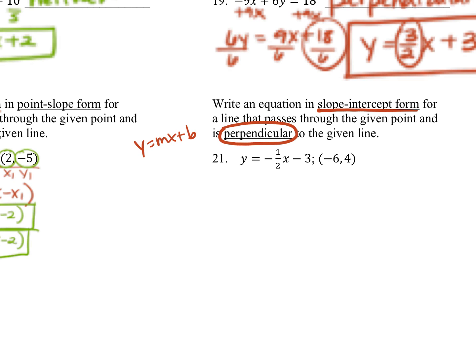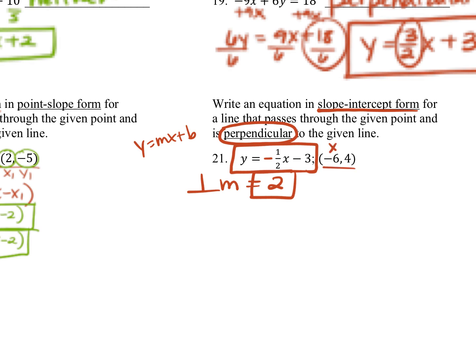So if I want a perpendicular slope to this line, tell your neighbor what you think that's going to be. Did you say 2? Flip it over, right, and change the sign. So it was negative, make it positive. It was 1/2, make it 2/1, which is just 2, okay? So I want a slope of 2, and this is my point.